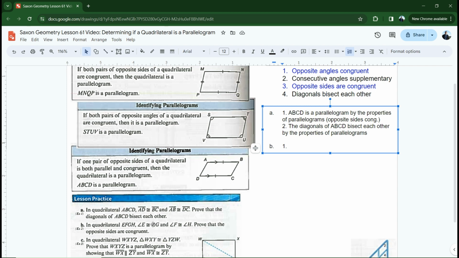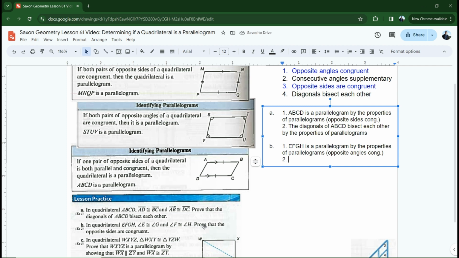Angle E is congruent to angle G. Angle F is congruent to angle H. So I would state that EFGH is a parallelogram by the properties of parallelograms. And in this case, in parentheses, opposite angles congruent.